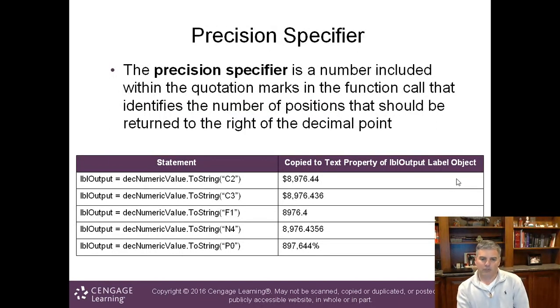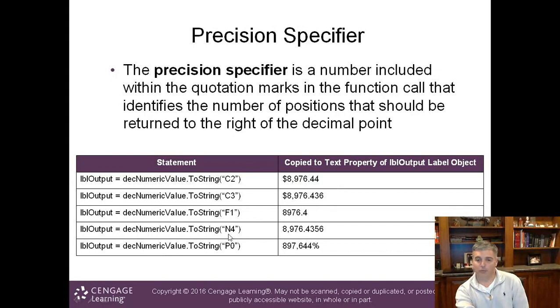So just a couple examples of outputting a sample decimal numeric value using these different format specifiers. The first one, currency 2. You really wouldn't need the currency 2. It would be the same as just putting a C in there. So this displays a number as currency with 2 decimal places. If you put a currency 3 in there, it's going to display 3 decimal places.